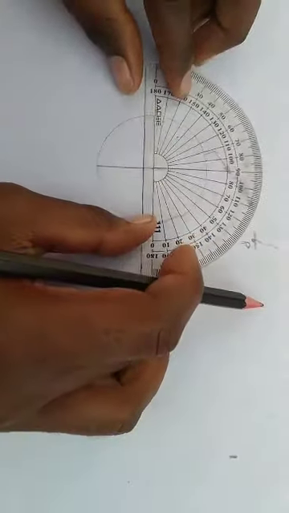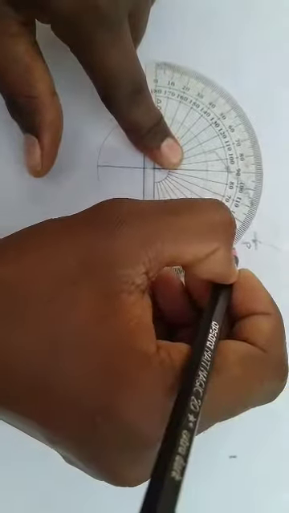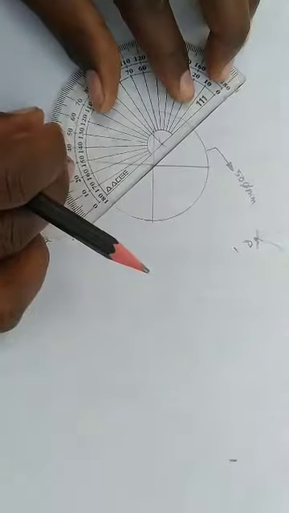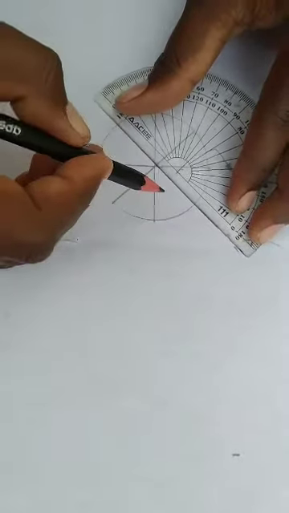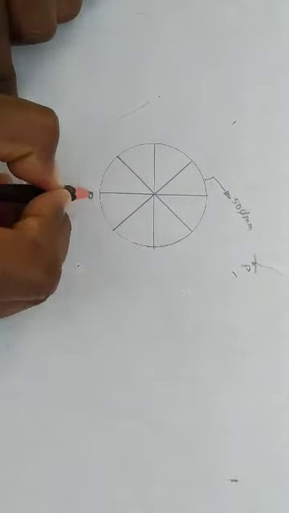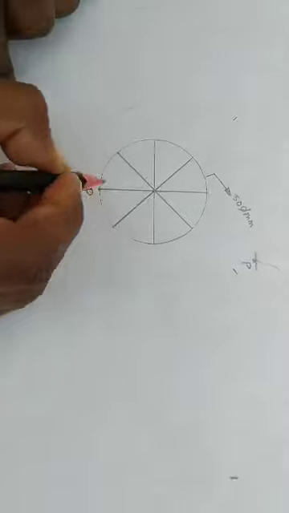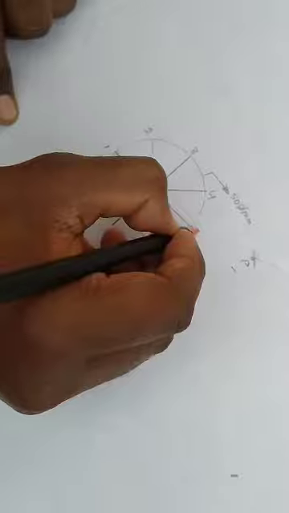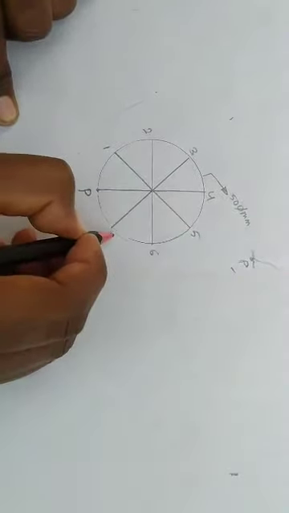This is the 8 parts of the circle. This is the base point P, then 1, 2, 3, 4, 5, 6 and 7.